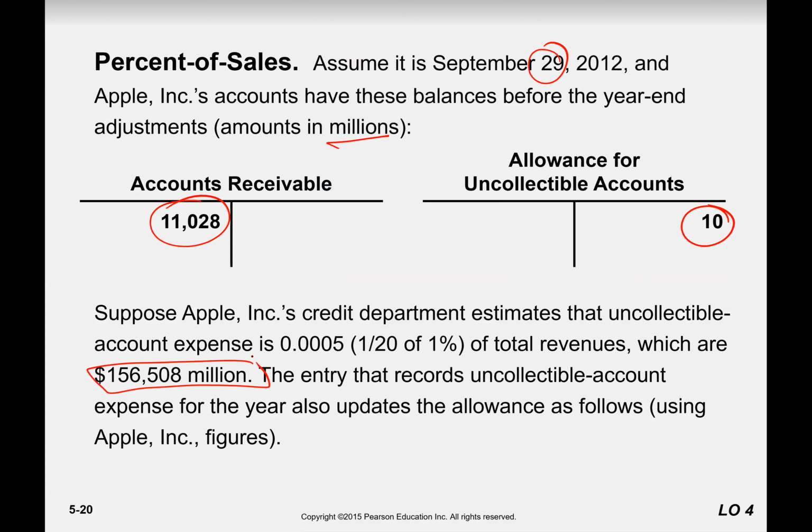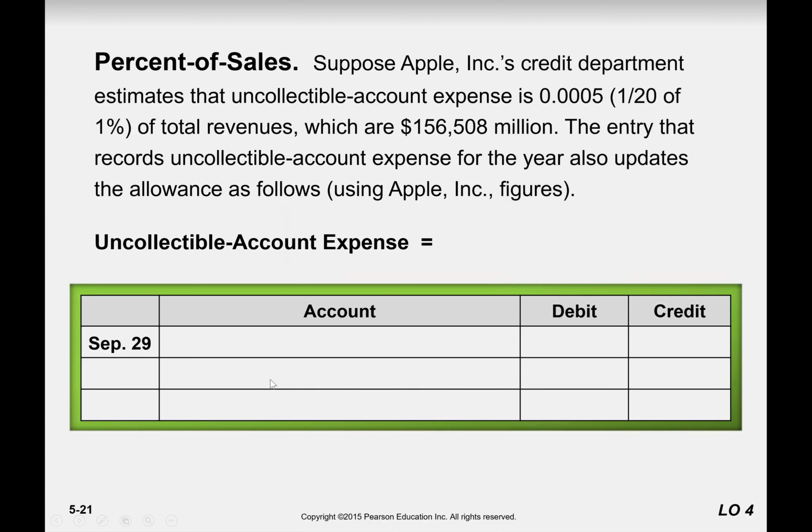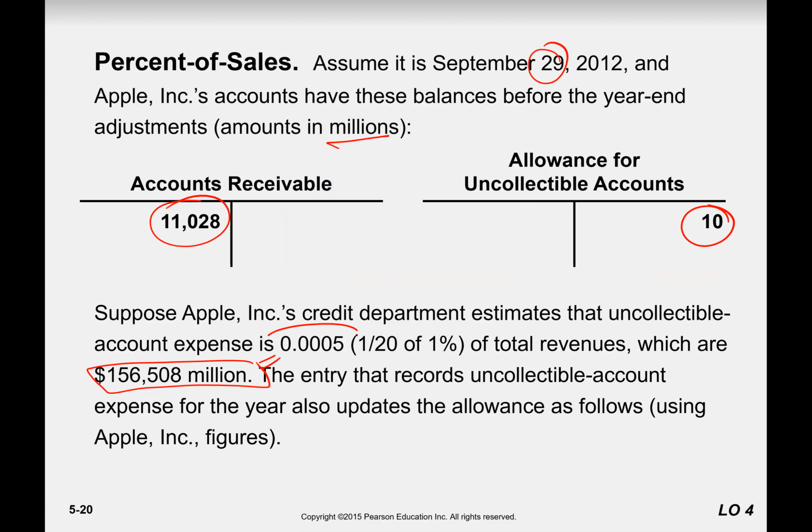So how much is the uncollectible account entry? Simple. Here we go. 0.005, you see here, they already mentioned that it is 0.005 of the total sales.